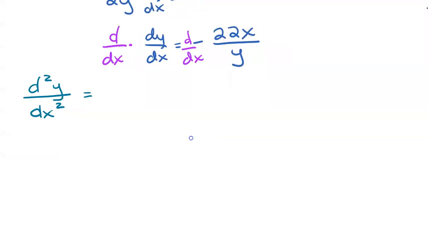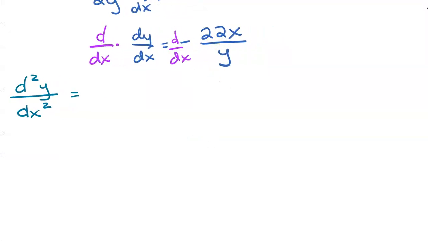Now for the right side here, we're going to end up doing the quotient rule. We have a negative and we have a 22. I'm going to shove both of those out front to make it as easy on myself as possible. So I'm just dealing with the derivative of x over y. So the quotient rule says f prime g minus fg prime over g squared.